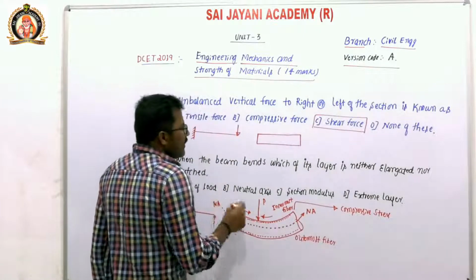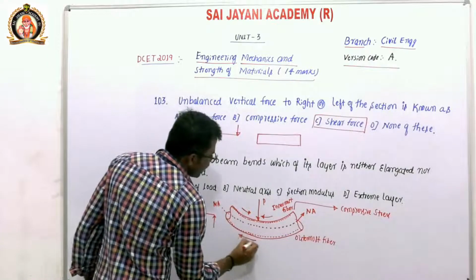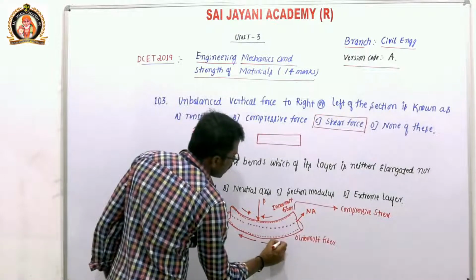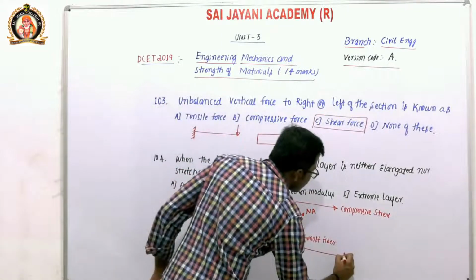For the same beam, when it bends, the outermost fibers get elongated. So getting elongated, tensile stress is produced.